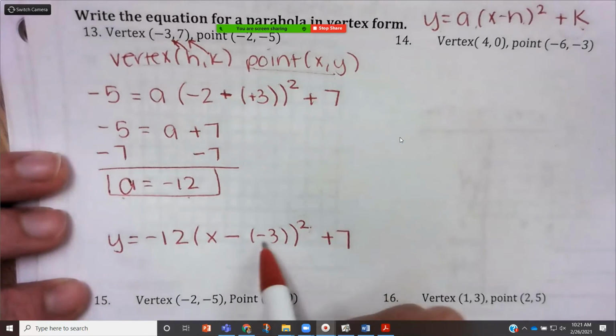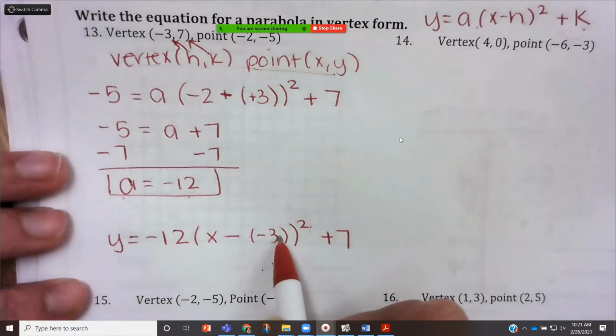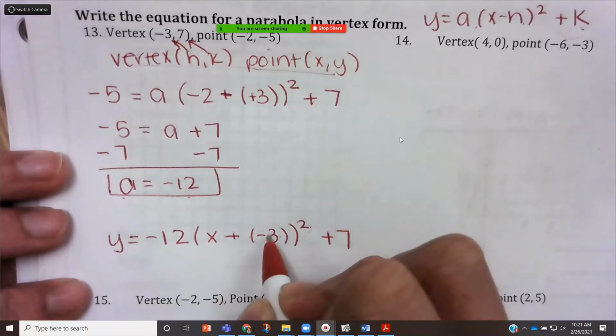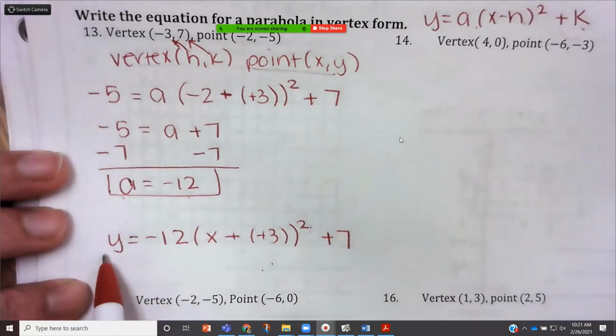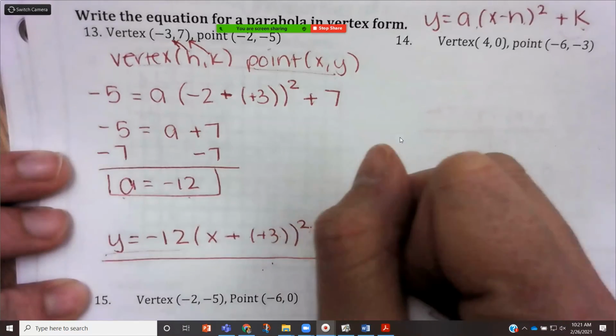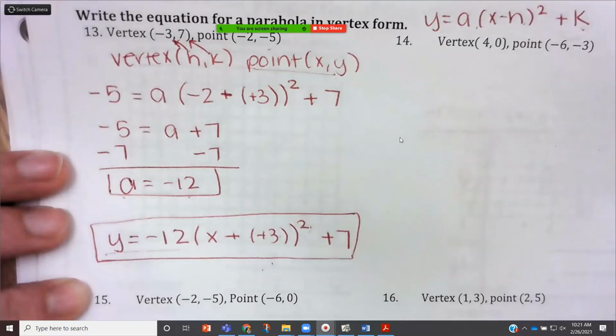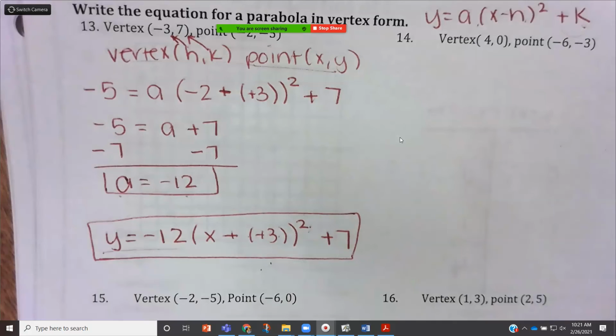And if you want, you can simplify the minus a minus. So my equation in vertex form and my final answer is y equals negative 12, x plus 3 squared plus 7.